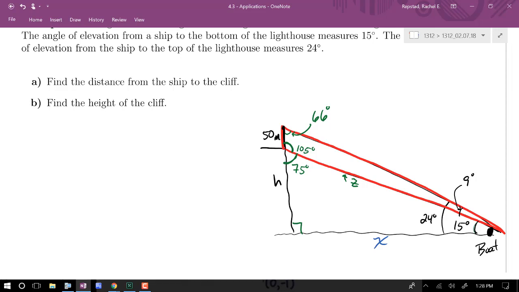I like solving for z because knowing z gets me a side in this lower right triangle, of which h is a side. If I use the top side, then h is not actually a side length, it'd be h plus 50, the vertical side of the bigger right triangle. So let's find z.